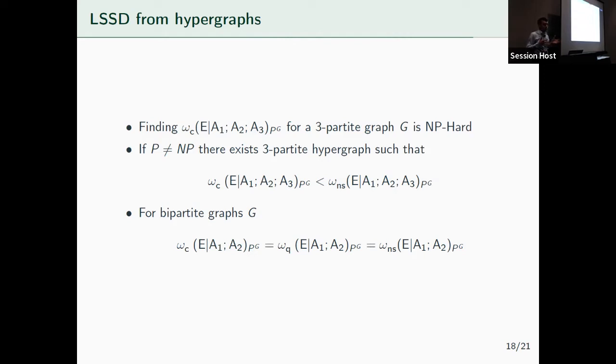If they're always equal, then P is equal to NP. And finally, for bipartite graphs, all these 3 quantities are equal, because the maximum fractional matching for bipartite graphs is always equal to the maximum matching.